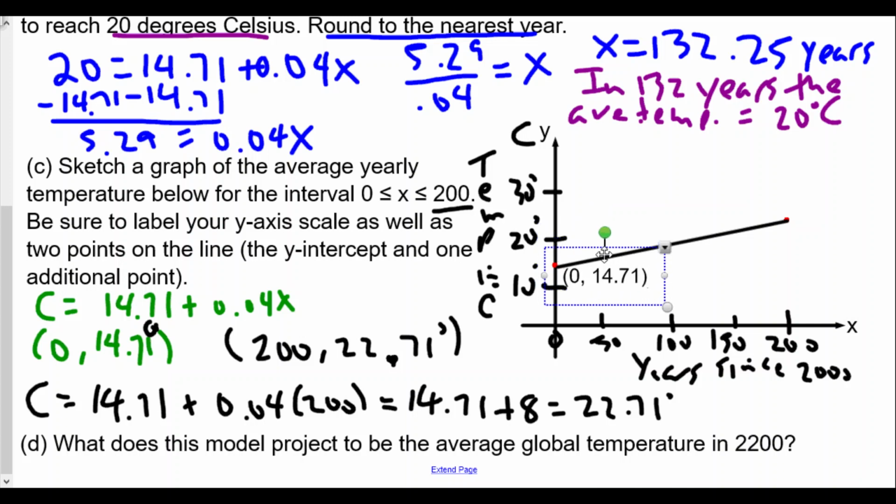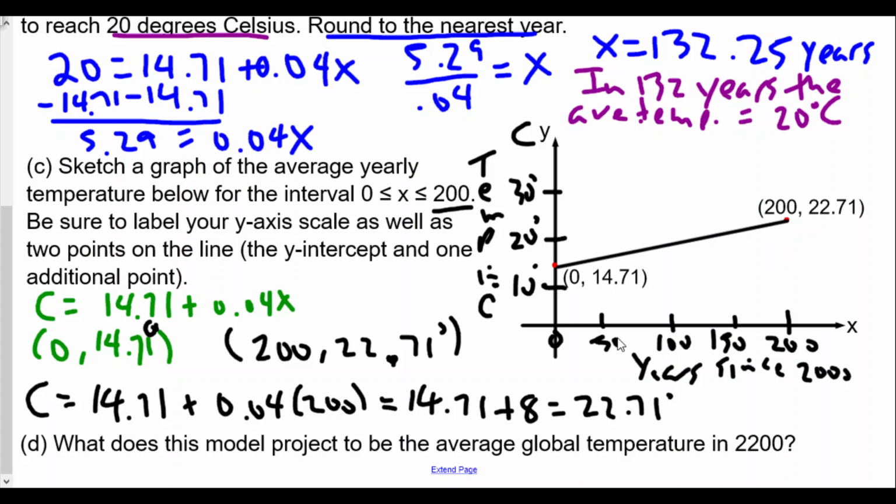And this coordinate, it'll be at (200, 22.71). Okay, all right, so again, this is our sketch. Now, is it a perfect looking sketch? No, but you want to label coordinates so in this case the reader will know the 2 coordinates you used, and of course, your scale hopefully will work out fine.